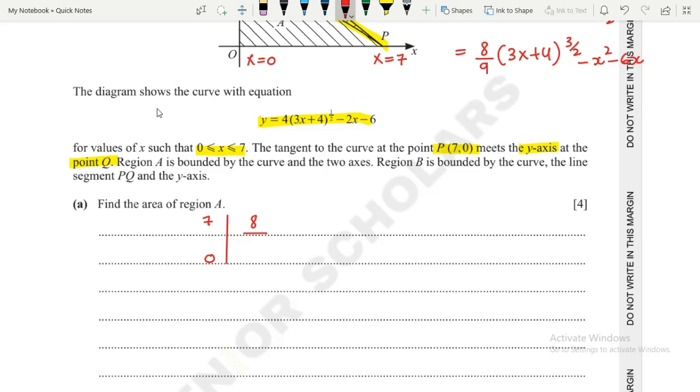So it is going to become (8/9)(3 × 7 + 4)^(3/2) − 7² − 6 × 7.